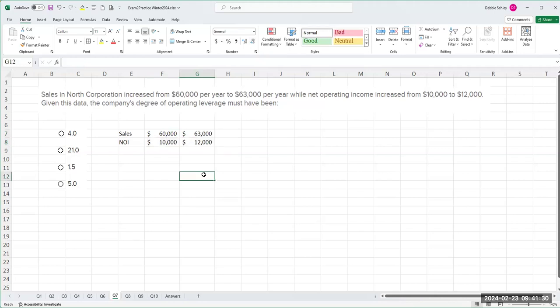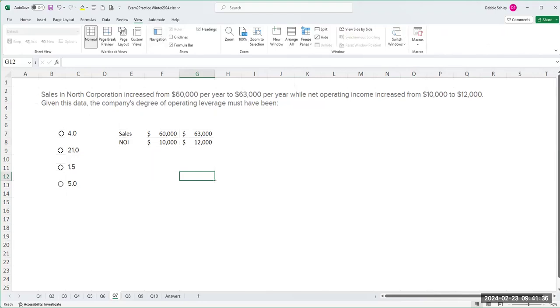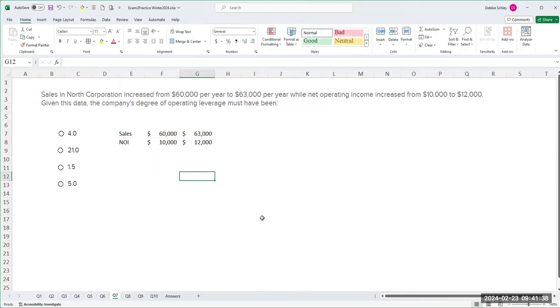So normally, let me try something here. Normally you would get your degree of operating leverage equal to the net operating income divided by sales.